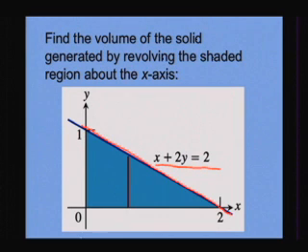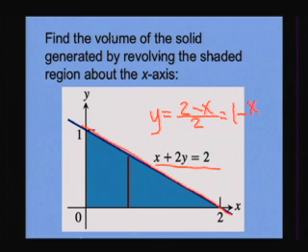And so what we want to do is solve that for y. So y would equal 2 minus x over 2, which is 1 minus x over 2. We can see that our limits of integration are going to go from 0 up to 2.